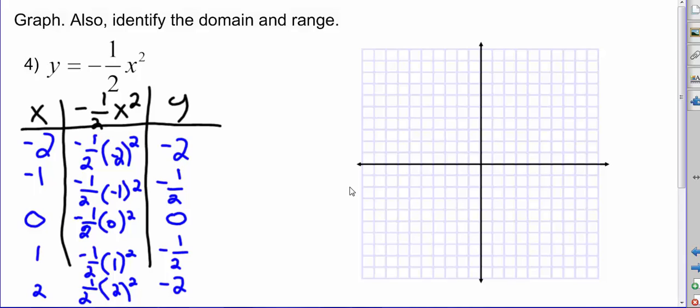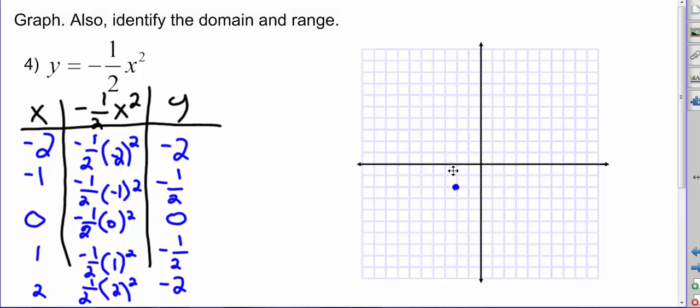So now we can move along to graphing. Here we go. -2, -2. So our graph is going to go right there. I went the wrong direction. I went the right direction on my x values, but not my y values. -2, -2.